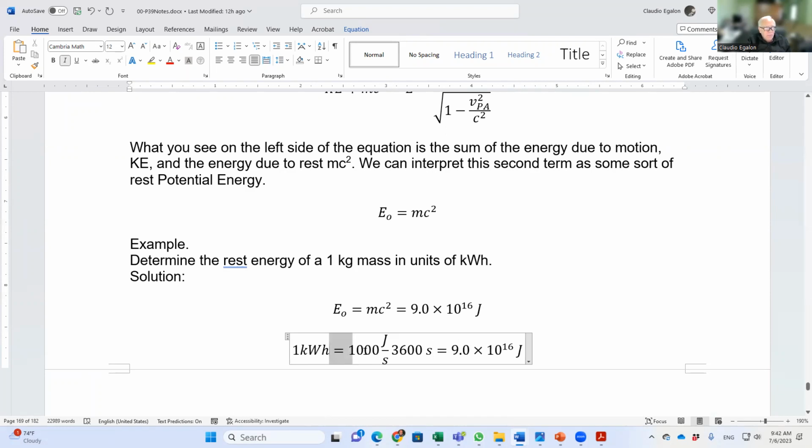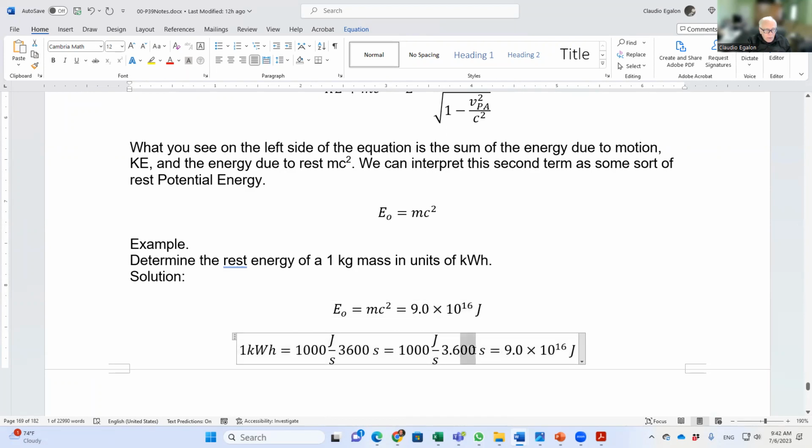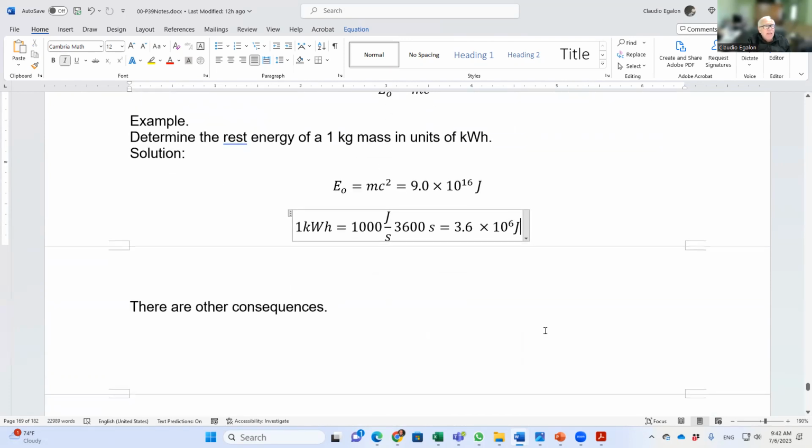Second cancels out with second. That's what 1 kilowatt hour is: 3.6 times 10 to the 6 joules.